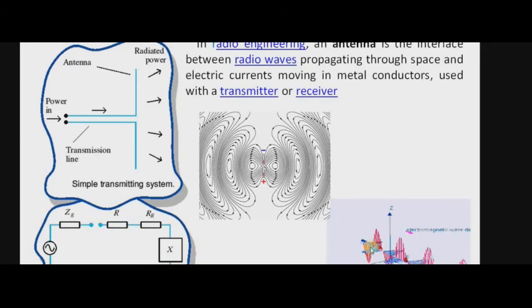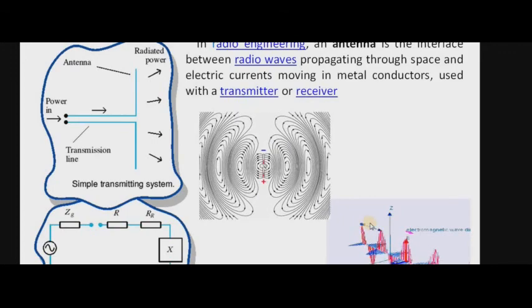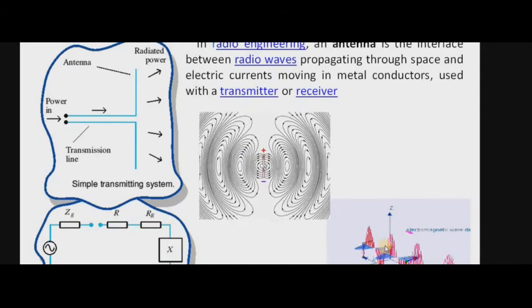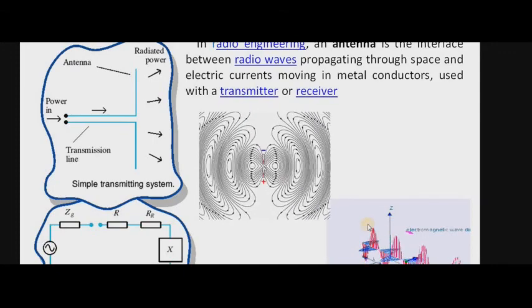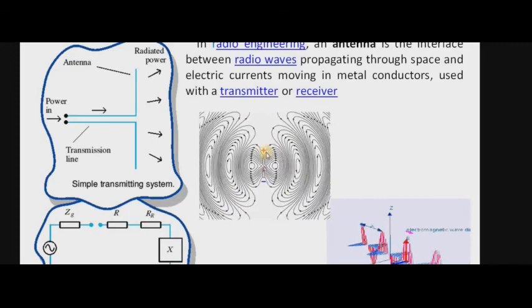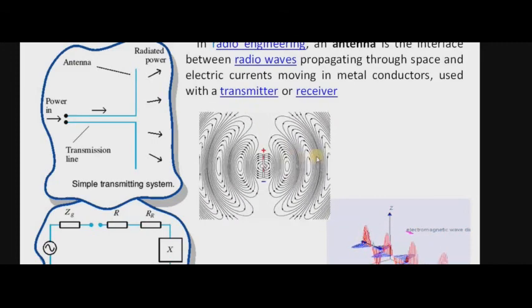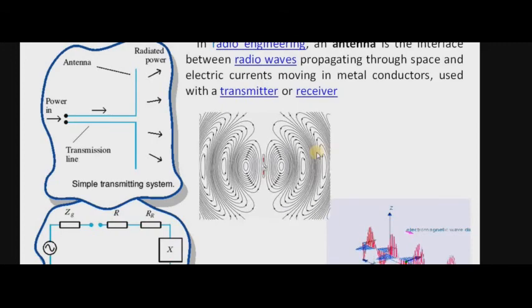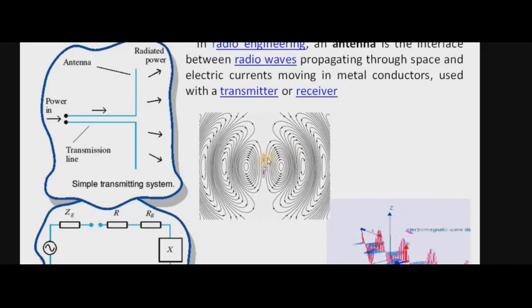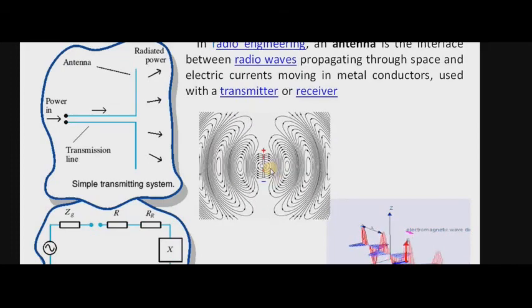So electromagnetic waves propagate, and for a particular frequency lambda remains the same. That is why the electromagnetic wave is propagated from this antenna, and vice versa. When the electromagnetic wave falls on this antenna, it will generate a time varying current.